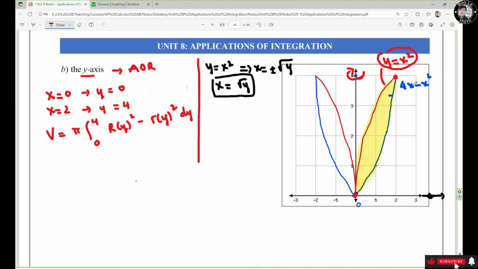Now, I need to solve this one in terms of y, right? So I have y equals 4s minus s squared, right? So this guy is the same thing as, I'm going to multiply both sides by negative 1. So it could be s squared minus 4s equals negative y, right?